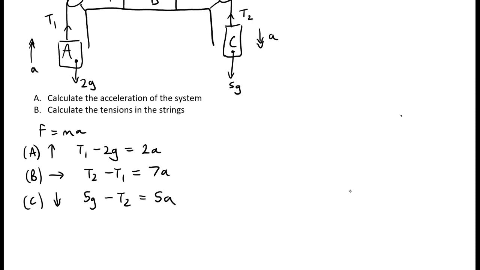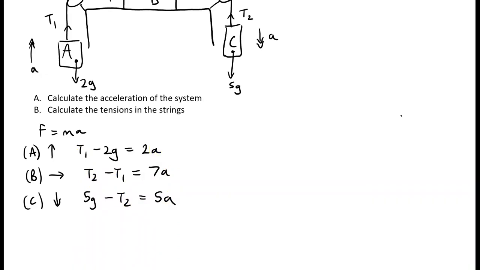Between these 3 equations there are 3 unknowns. The 3 unknowns are A, T1 and T2. So with 3 equations it is possible to find 3 unknowns. It just requires some organization.